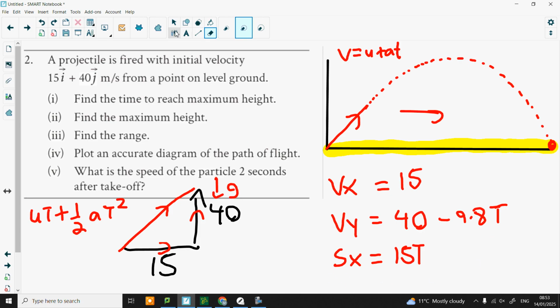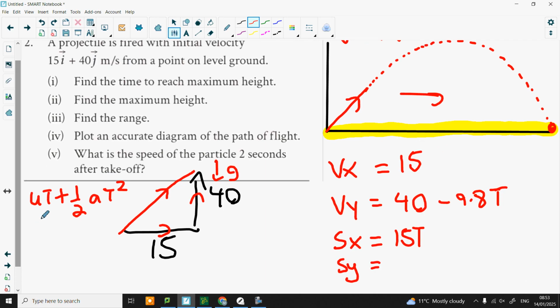Now what about Sy, guys? Sy, what do we think here? Use ut plus a half at squared. 40t, yeah. Half gravity, so 9.8 divided by 2, isn't it? Because it's negative gravity.